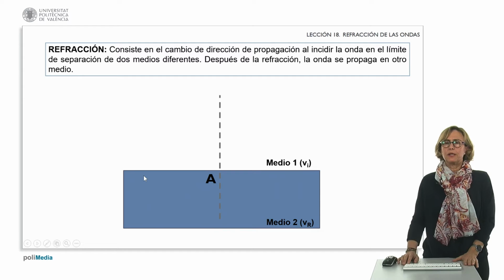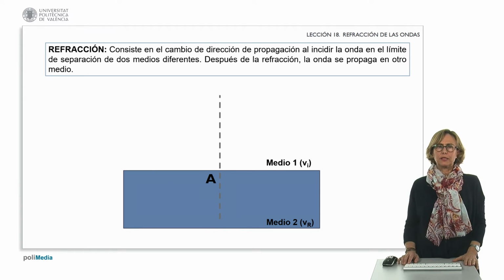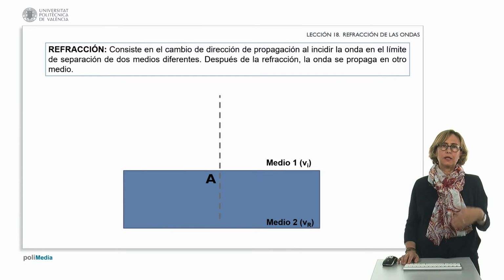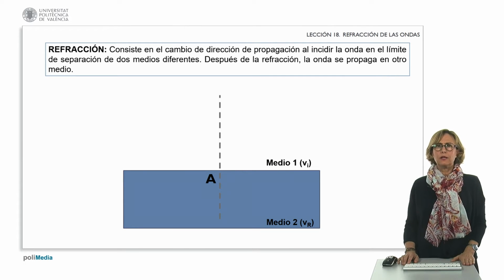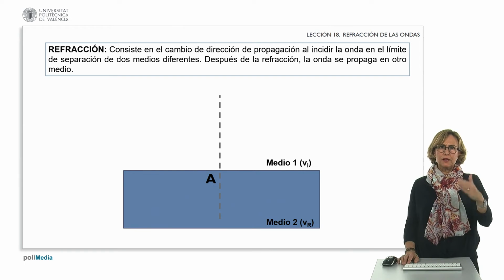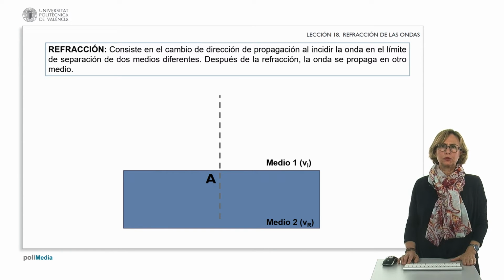Well, let's see if we can do the mathematical formulation. Refraction consists of a change in the direction of wave propagation when two different media meet. After refraction, the wave propagates in a second medium at a different speed.